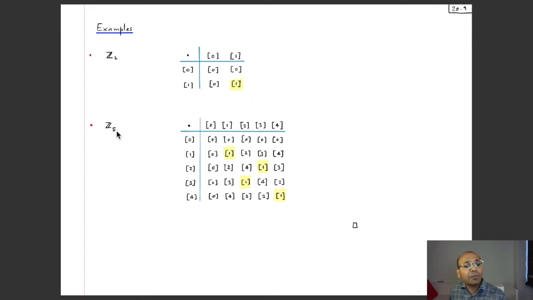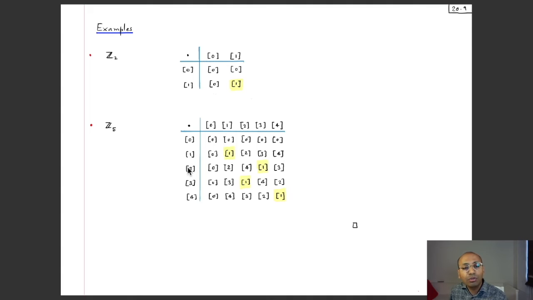Now let's take another prime, say p equal to 5, and in Z5, the distinct elements are the equivalence classes containing 0, 1, 2, 3, and 4. The non-zero elements are these ones, and let us show that each of them has a corresponding multiplicative inverse. For 1, the multiplicative inverse is 1 itself, because the product of these two is the multiplicative identity.